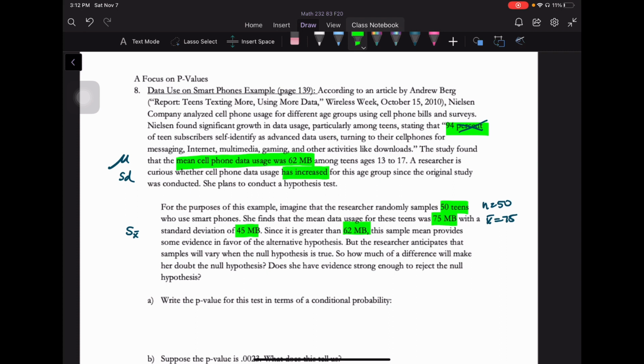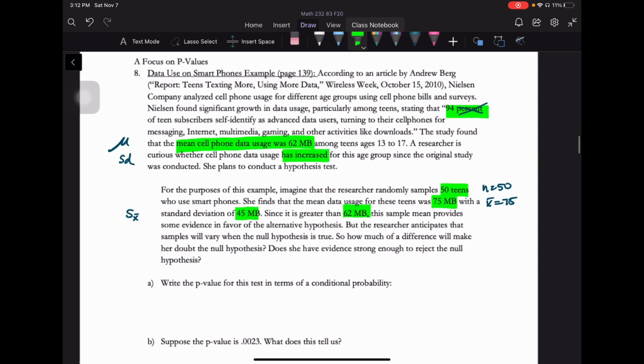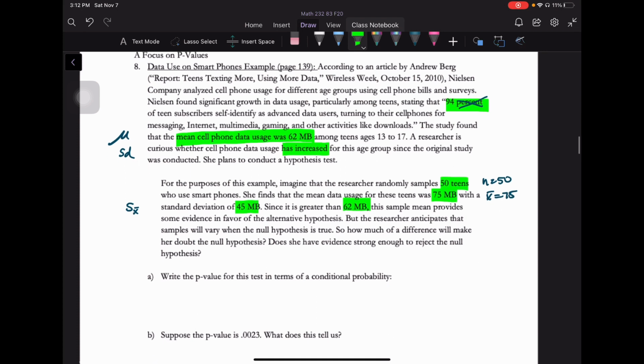The researcher anticipates that samples will vary when the null hypothesis is true. How much difference will it make? Is there strong evidence? This is the most important thing that we're really focusing on. A p-value, we'll talk a little bit more about error, but the p-value is the probability of rejecting the null given that the null is true.